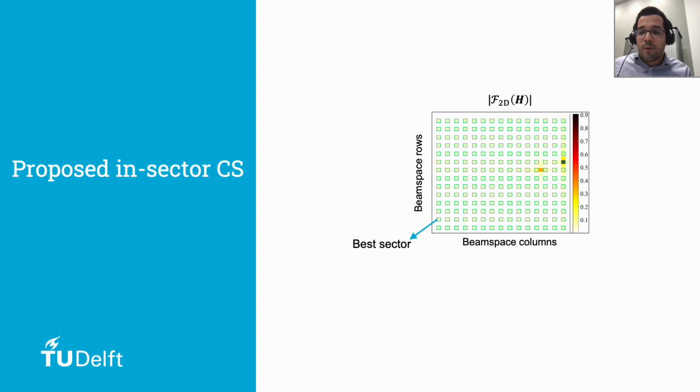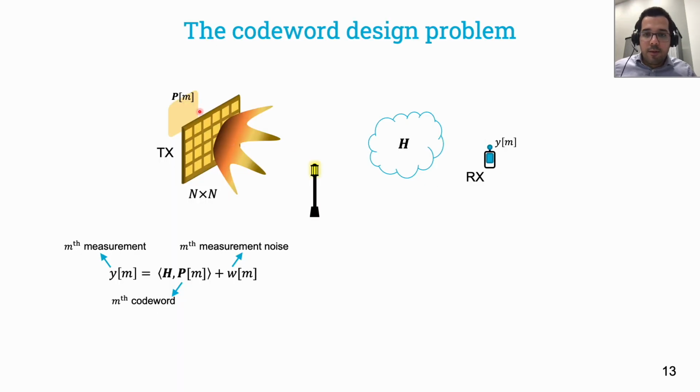But now I'm going to show you that we could do something beyond compressed sensing by optimizing the way we sense the signal of interest. This is going to be the focus of this section. For this, we need to acquire CS measurements within the sector of interest.